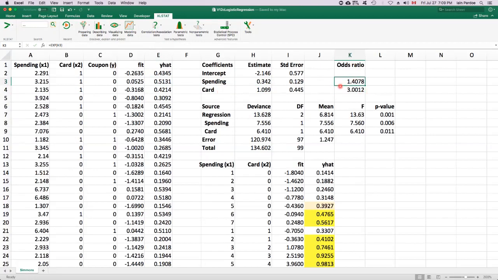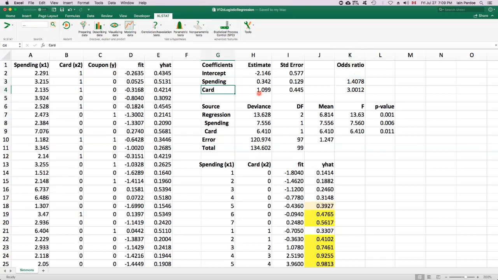So in particular, the odds of a customer using their coupon increases by 1.4078 times for each $1,000 increase in spending, assuming that card is fixed.